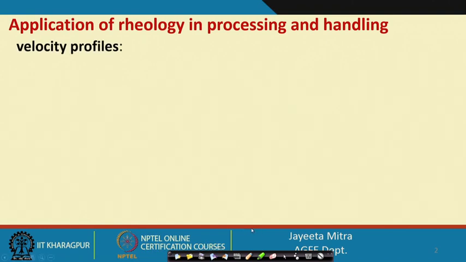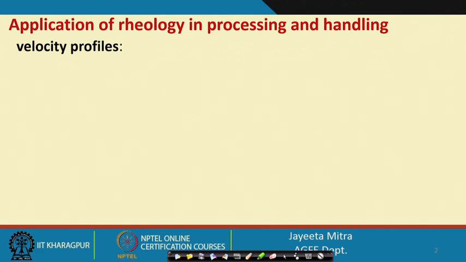The first thing, if you go to any fluid food processing industry, is that there are many pumping systems and tubing systems you need to design, through which your fluid food is moving.